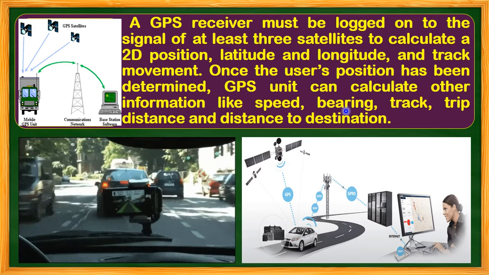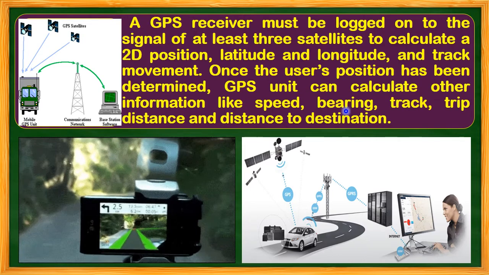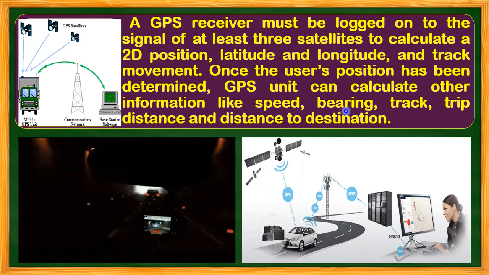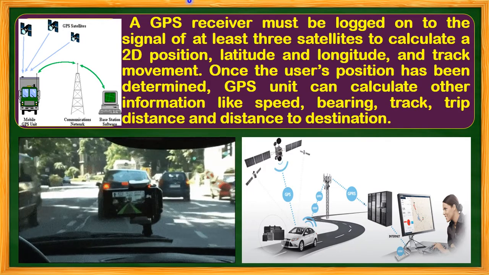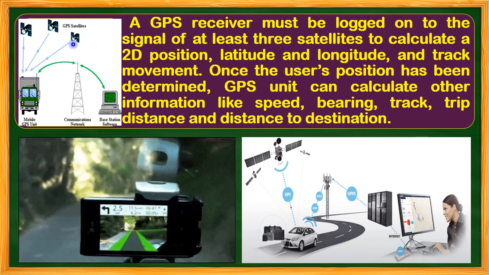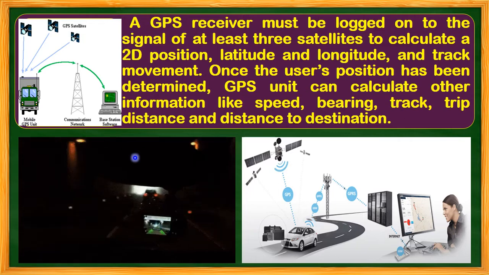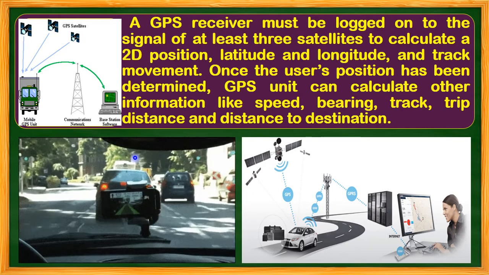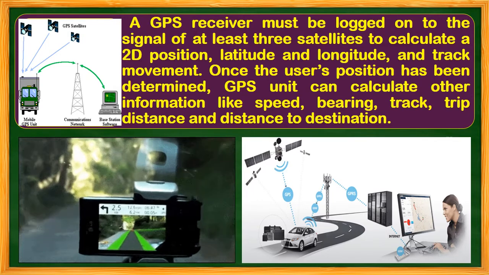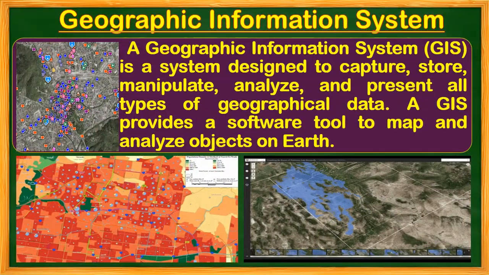So this GPS device is very helpful for us to determine our speed, the bearing, the distance of the place where we are going from where we came from, and of course the distance to the destination. On the left side of the monitor, we can see GPS satellites and how they transform the information they received. Down on the left side, we can see that a car is using a GPS, and on the right side we can see how a GPS transmits information to a computer device.